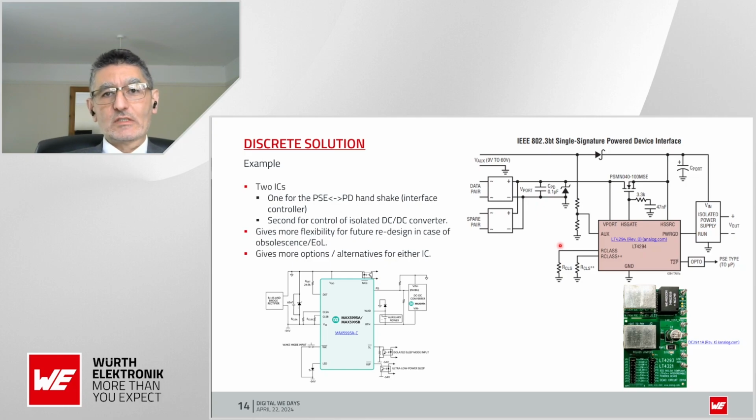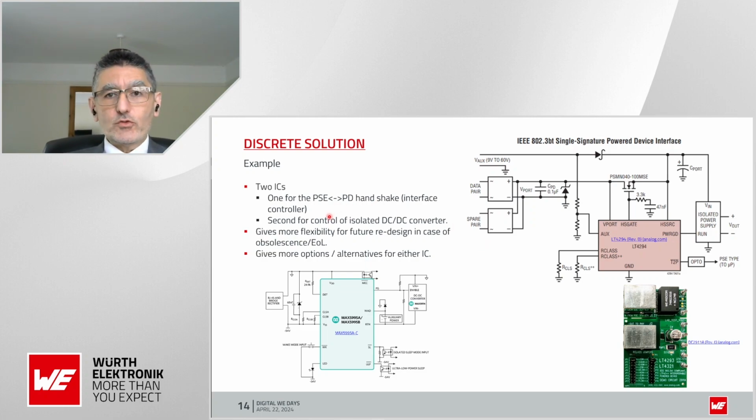Let's look now into the different types of solutions that we can implement. All right, so the first option is what I call the discrete solution. It's discrete because you're using 2 separate ICs. One is for the handshake, the detection and the classification side of things, or signature and classification as it's called. And the second one is for the regulation of the isolated DC-DC we mentioned earlier.